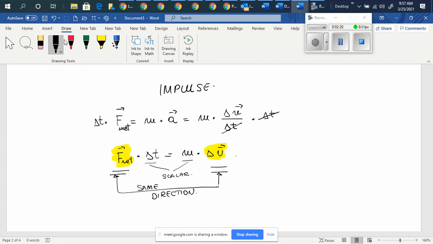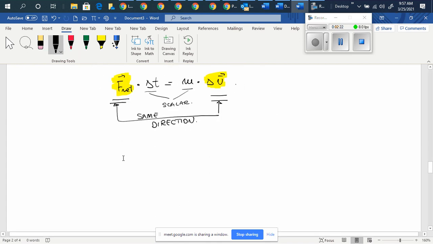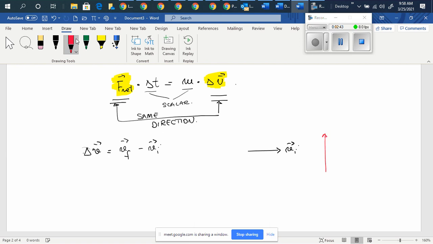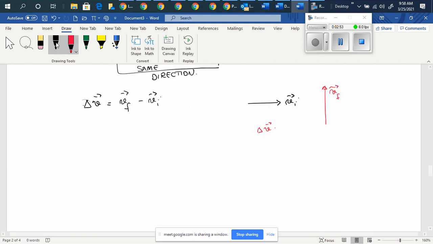Recall what we have said in terms of the change of the velocity. Delta, like any delta, is final minus initial. So if you have a situation where the initial velocity is, let's say, in this direction, and the final velocity is, let's say, in this direction, the change of the velocity will be represented graphically as the final velocity.